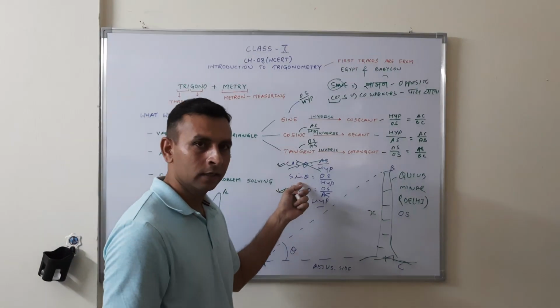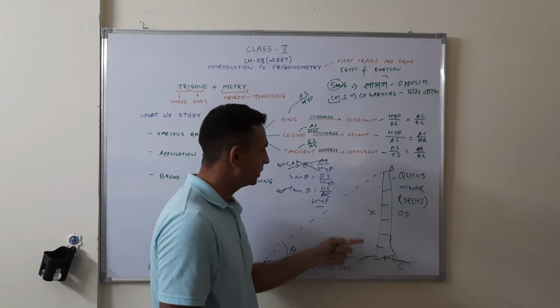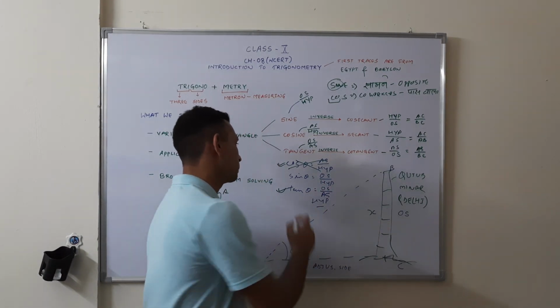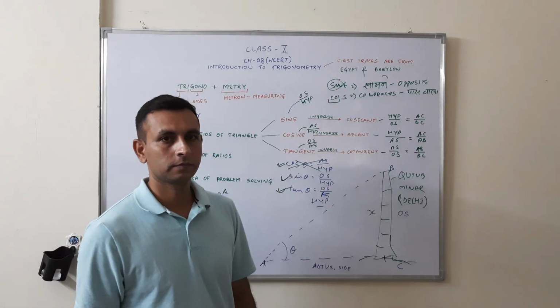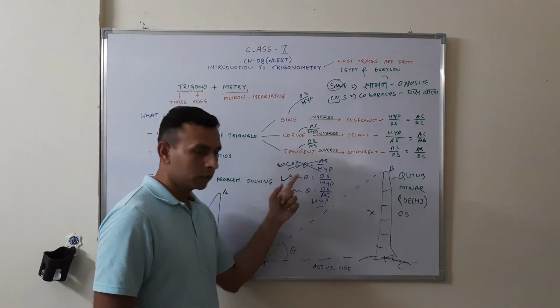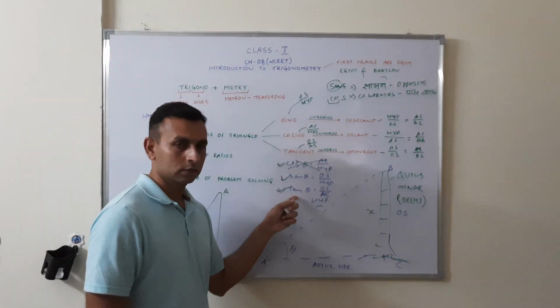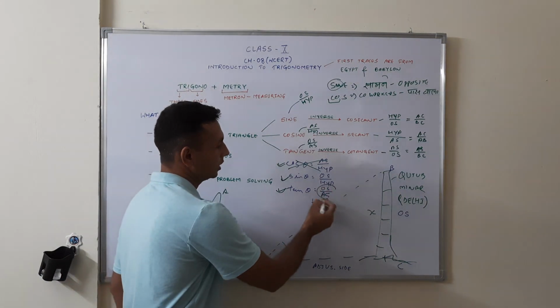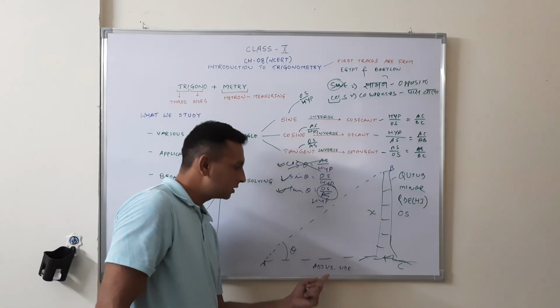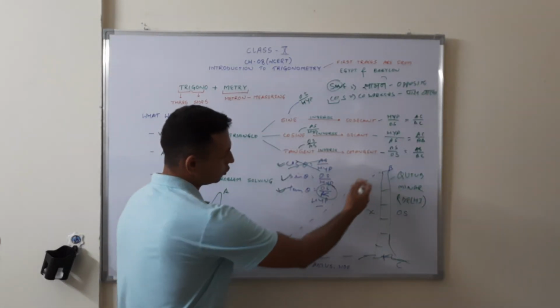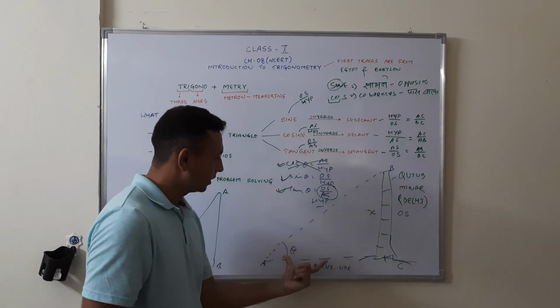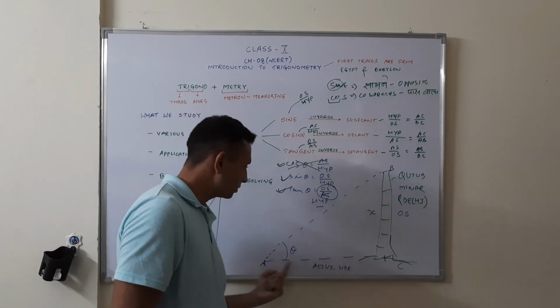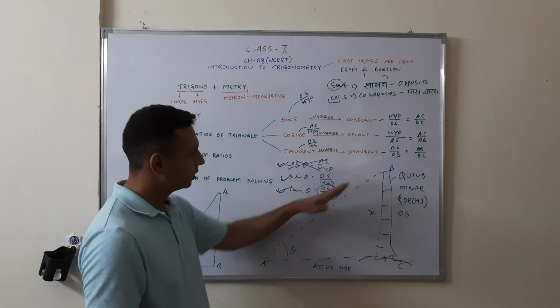Can I take sin theta? It is opposite side upon hypotenuse. Yes, I can take it. Which is more suited? Better suited. This is tangent. Tangent is nothing but opposite side upon adjacent side. So in that case I also don't need to find out this. I just need to know this distance and this angle.